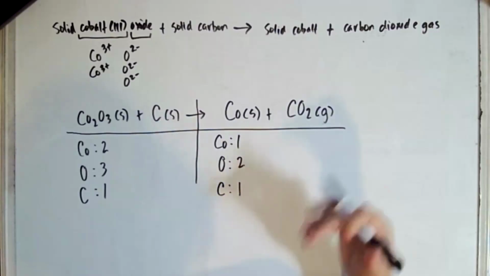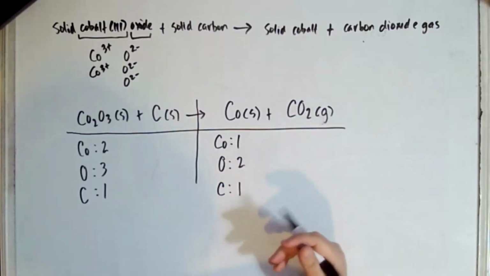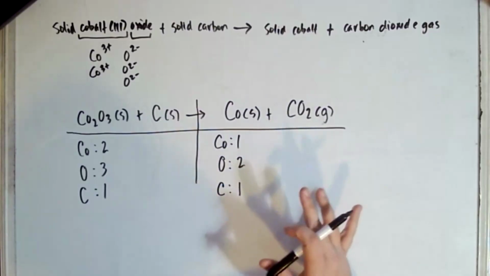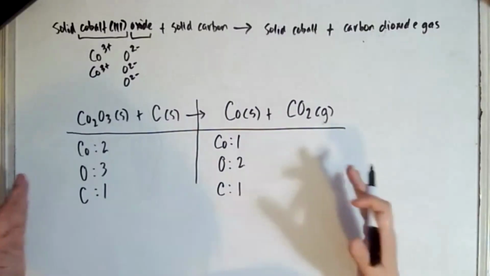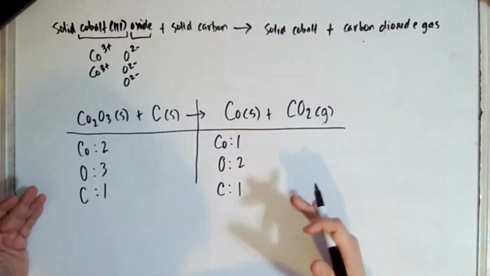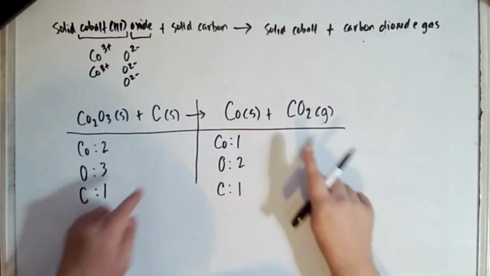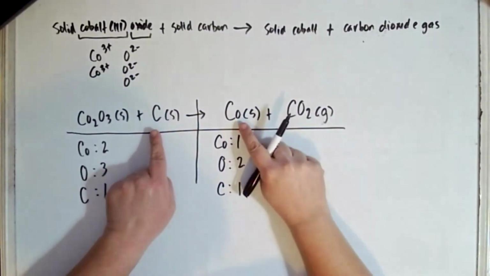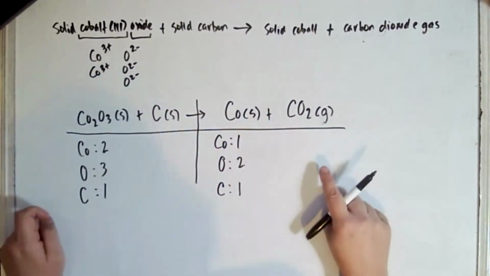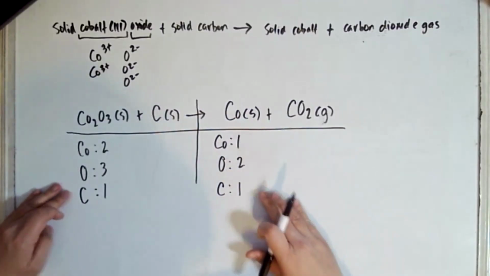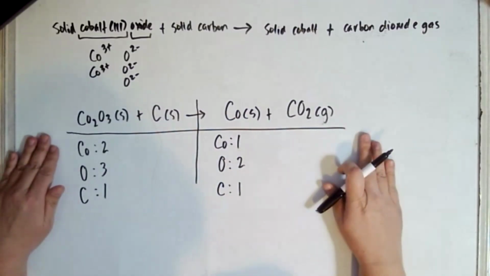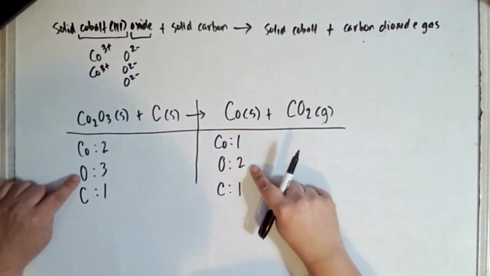All right. Step number 3 on that list of rules that we mentioned. Step number 3 and number 4 kind of go together because they tell you which thing to start with. When you're looking at this, you are going to balance your compounds first, and you're going to save your free elements for last. Your free elements are things that aren't attached to anything else. So in this reaction, the only one of these elements that is part of a compound on both sides of the reaction is our oxygen, right?